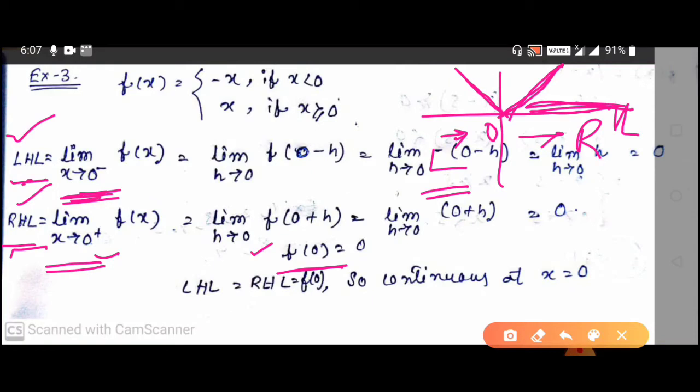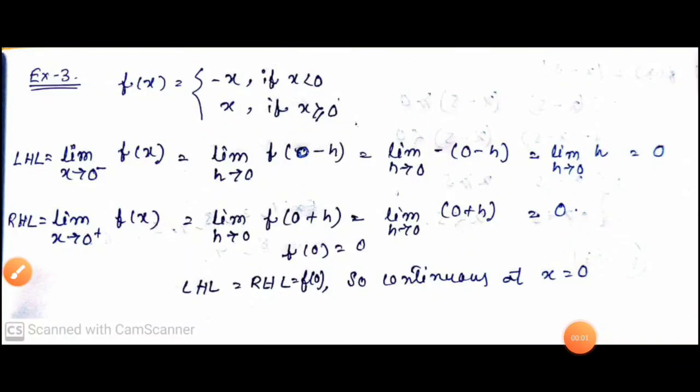Now I have solved the question taking h. In your book, in the solution of example 3, they have not done the solution taking h, but I want to tell you that you should try to do this question taking h, because for most of the questions it will be very difficult to solve without taking h.